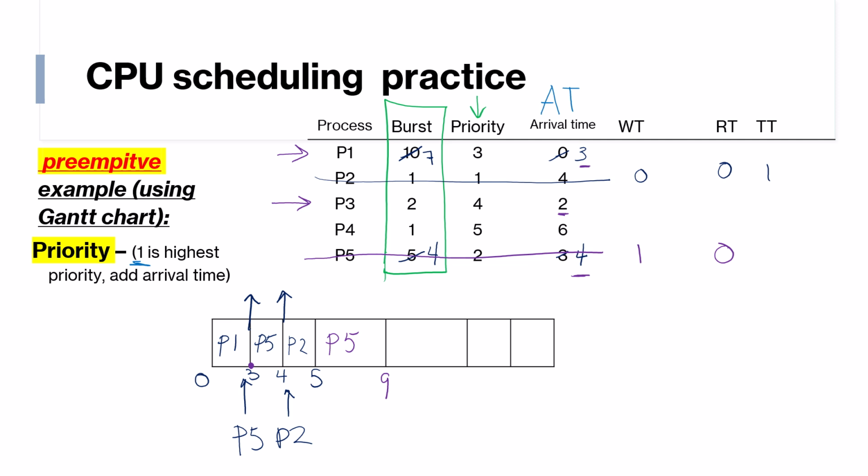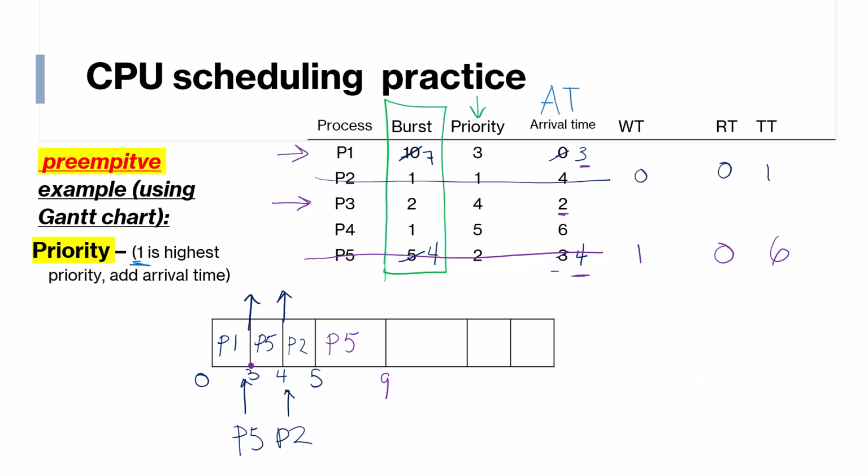And P5's turnaround time is the time it finished minus the arrival time. So the turnaround time is 9 minus 3, because it arrived at time 3 and finished at time 9, which is 6. You could also add up P5's wait time, which is 1, plus CPU time, which is 5, and that equals the turnaround time.